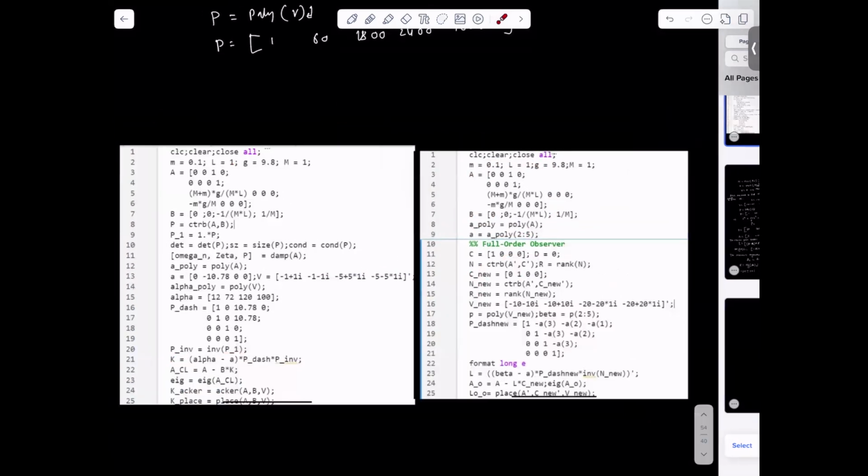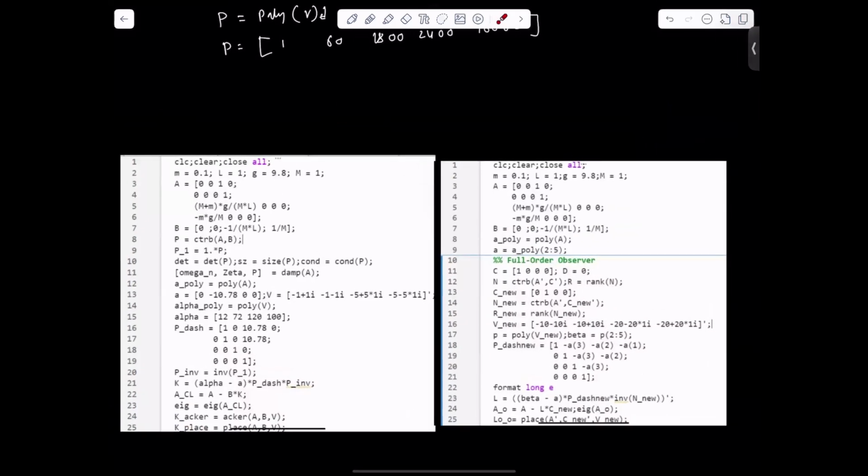You can use this for your reference. You can validate whatever mathematical things you have done in this whole lecture. The same way you can proceed with observer and controller design for other systems, for aircraft or any other aerospace systems. Just you have to change the matrices. That's it.